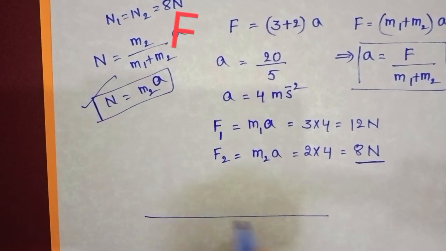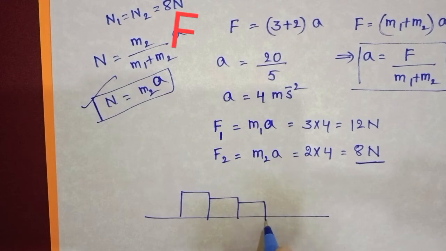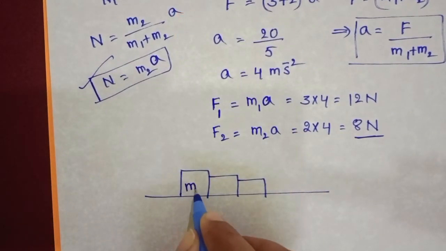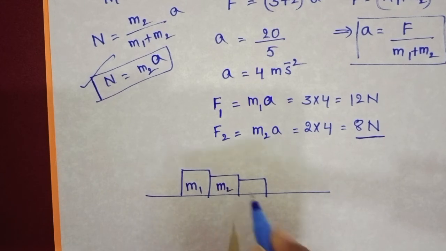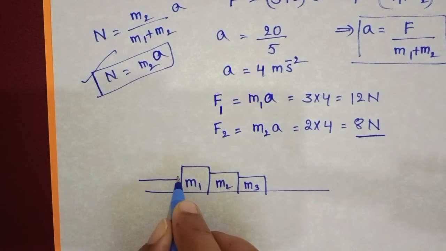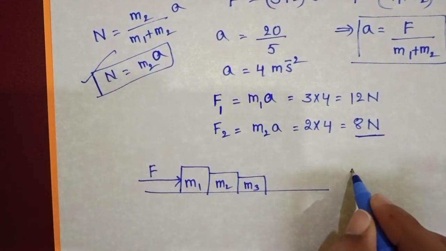Take one more example. When 3 blocks are in contact, how can we calculate the normal force between the bodies? Let us take the mass of the first body M1, second one M2 and third one M3. When we apply a force on M1, let it be F. First find out acceleration.